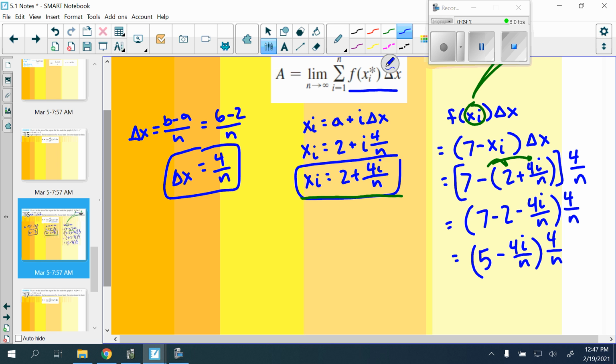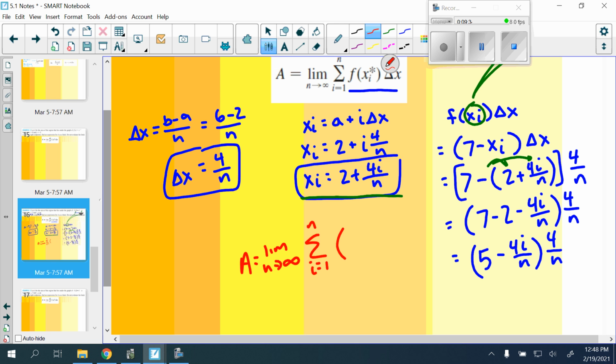All right, so what is our limit written as now? Our area is going to be the limit as n goes to infinity of our sigma from 1 to n, first rectangle to n, of all that stuff we just came up with.